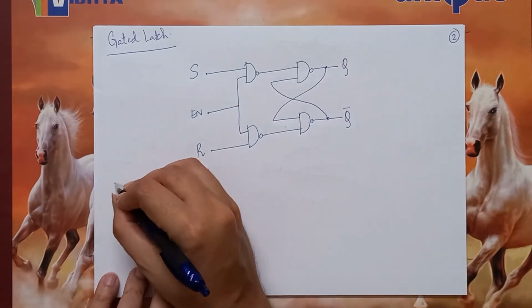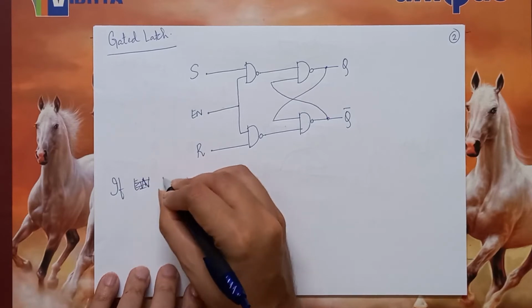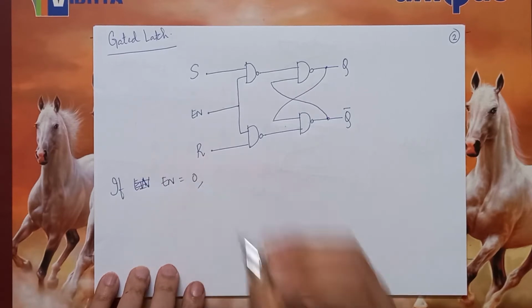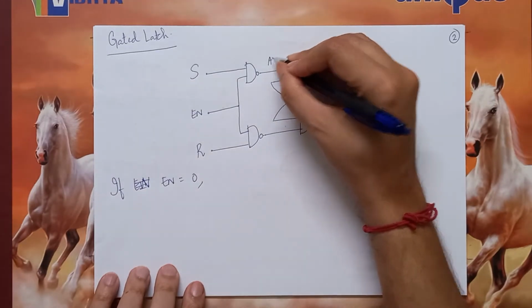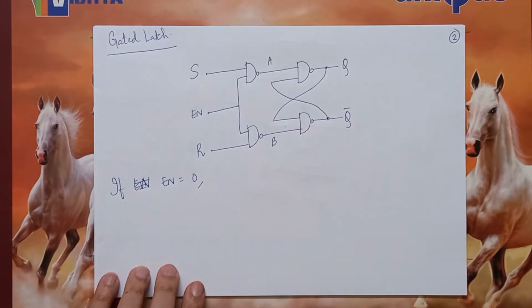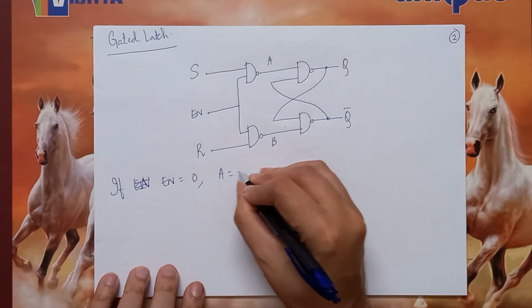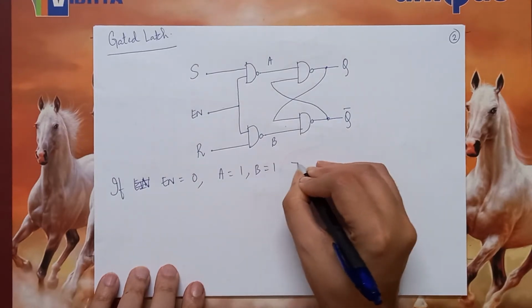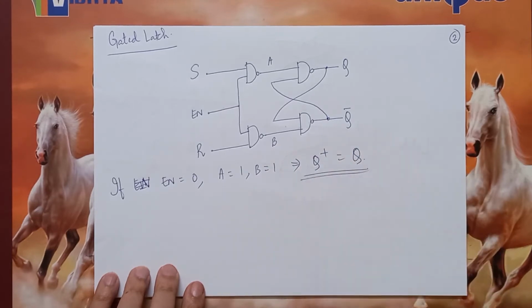So if En becomes equal to 0, let's call these points A and B because that's what they were. Then A equals 1 and B equals 1, which means Q plus is equal to Q as per the old truth table of this basic latch structure.